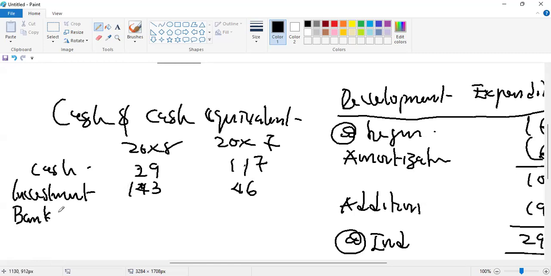Bank overdraft in 2007, 54. In 2008, 132.